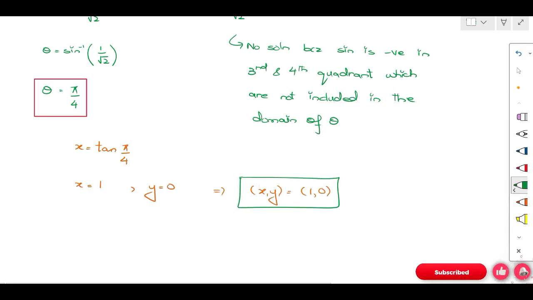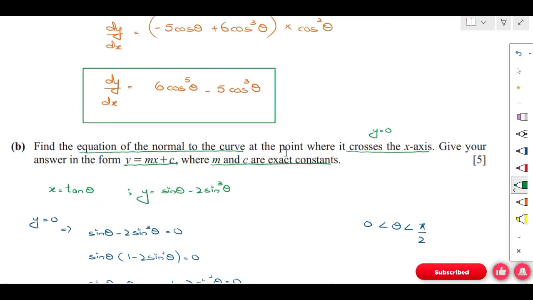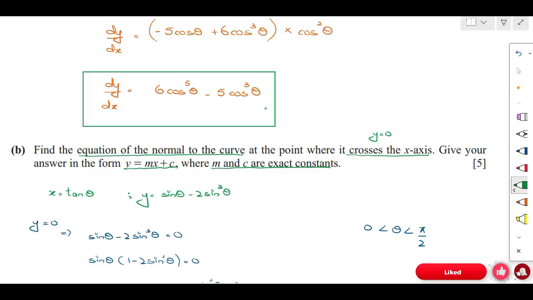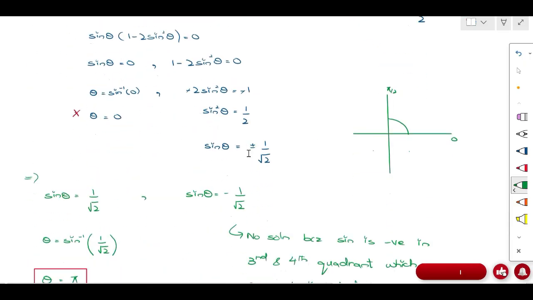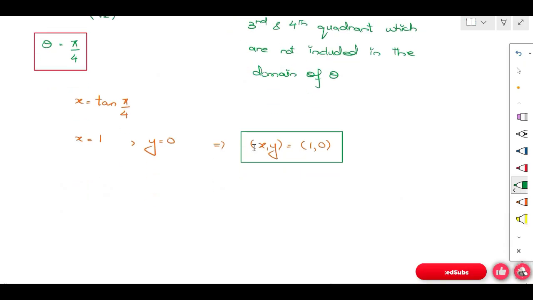Okay, and for the equation of normal we need the gradient as well, right? So the gradient is the derivative dy over dx. Just substitute the theta value over here, you will get dy over dx. So dy over dx is equal to 6 cos 5 theta minus 5 cos cube theta.